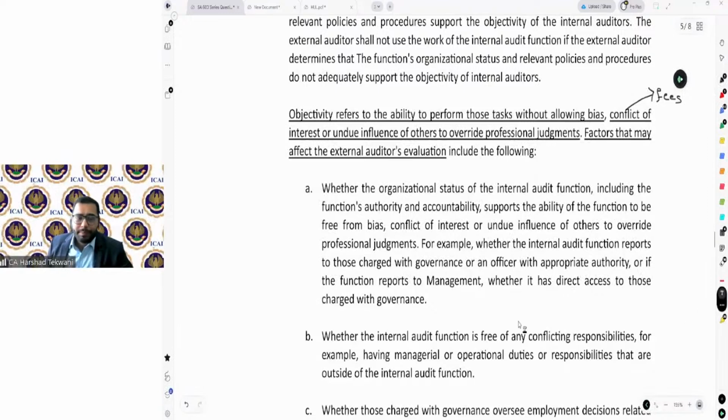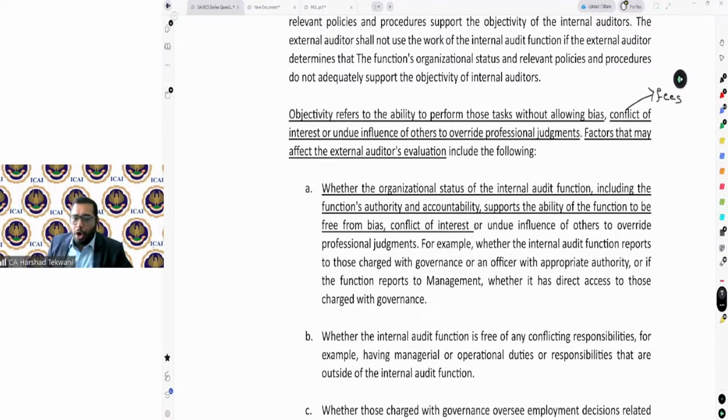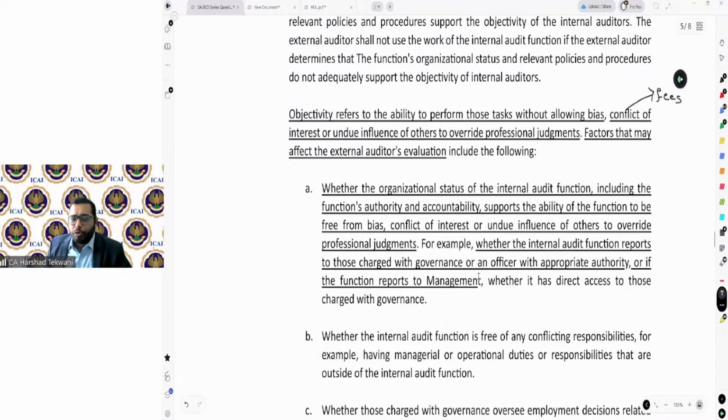Let's see the examples. Whether the organizational status of the internal audit function, including the function's authority and accountability, supports the ability of the function to be free from bias, conflict of interest, and undue influence. For example, whether the internal audit function reports to those charged with governance or an officer with appropriate authority, or to management, and whether it has direct access to those charged with governance or not.